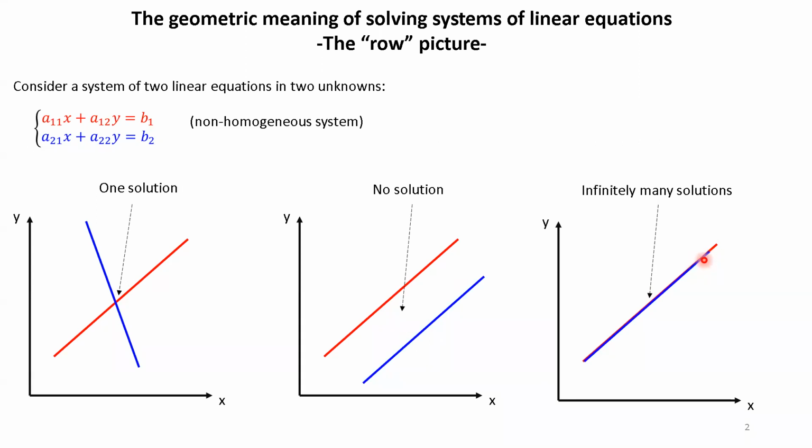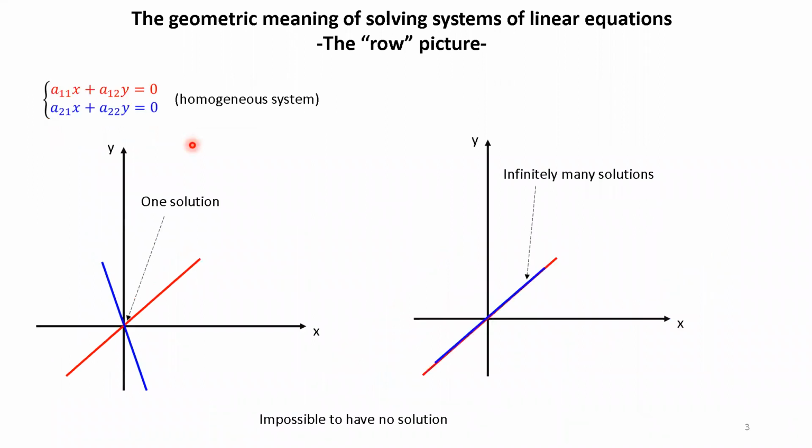Any point on this line is an intersection point, and this line extends from minus infinity to plus infinity. So that means you have infinitely many solutions in this case. So I have three cases, and of course which case we are in really depends on your constants and coefficients over here.